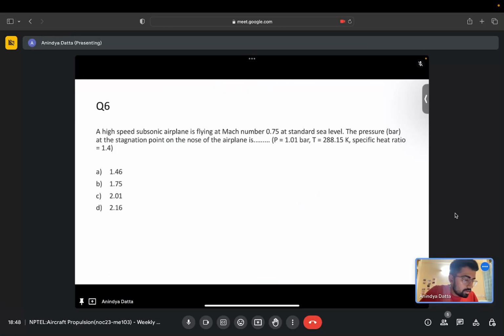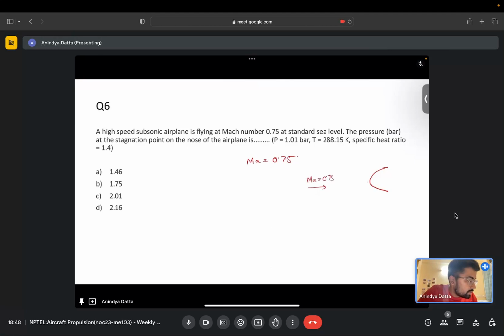Next is question 6. A high speed subsonic airplane is flying at a Mach number of 0.75 at sea level. The pressure at the stagnation point of the nose of the airplane, so you have to find the stagnation pressure. The airplane is moving at a speed, which means air is approaching at a Mach number of 0.75.